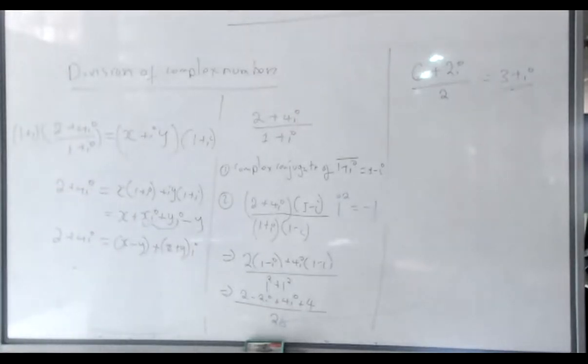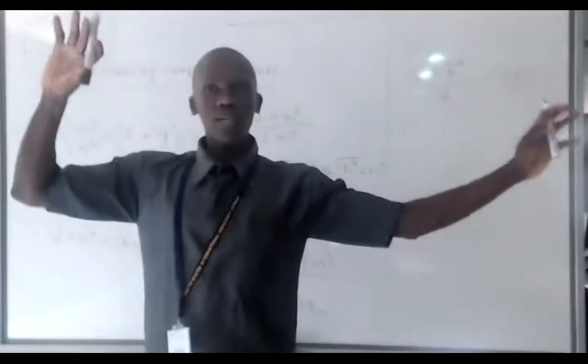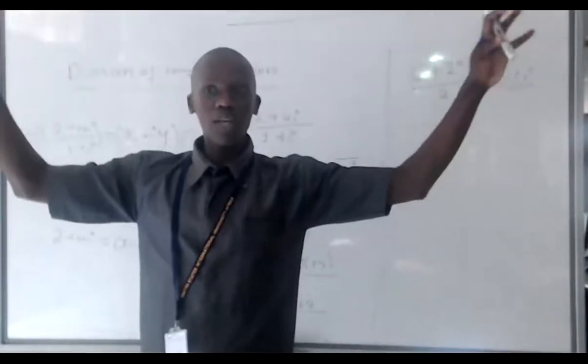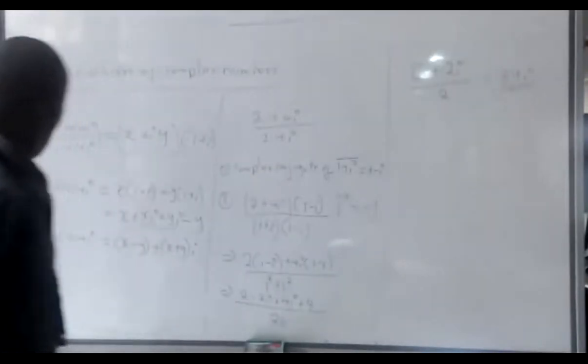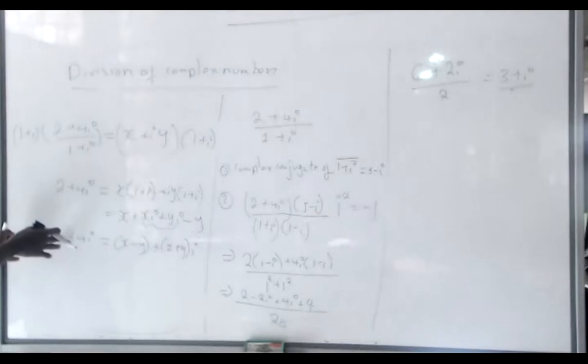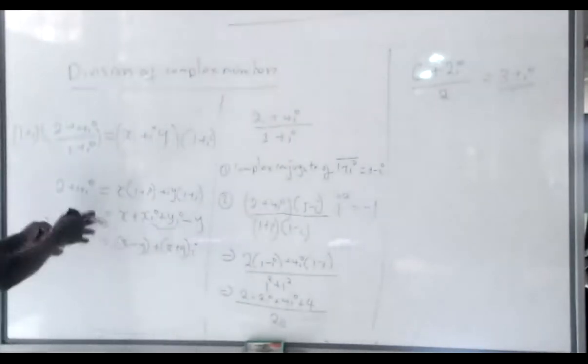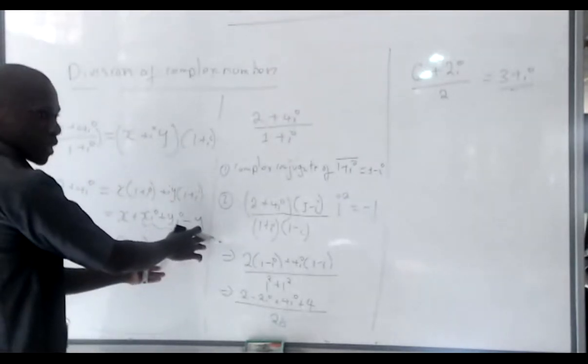Okay. Now, two complex numbers will be equal if and only if the real parts are the same and the imaginary parts are also identical. So from this stage, take the real part of the left-hand side and equate it to the real part of the right-hand side, and take the imaginary part of the left-hand side and equate it to the imaginary part of the right-hand side.